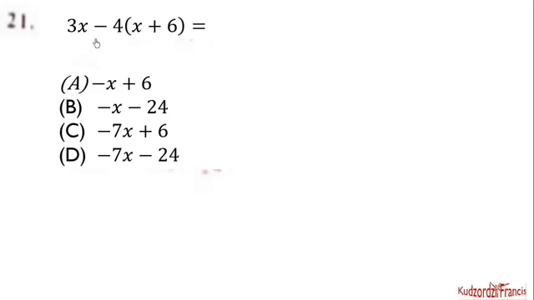Question 21. We have 3x minus 4 into x plus 6 is equal to what? So let's repeat the first term, and now we expand. Negative 4 times x will give you negative 4x.